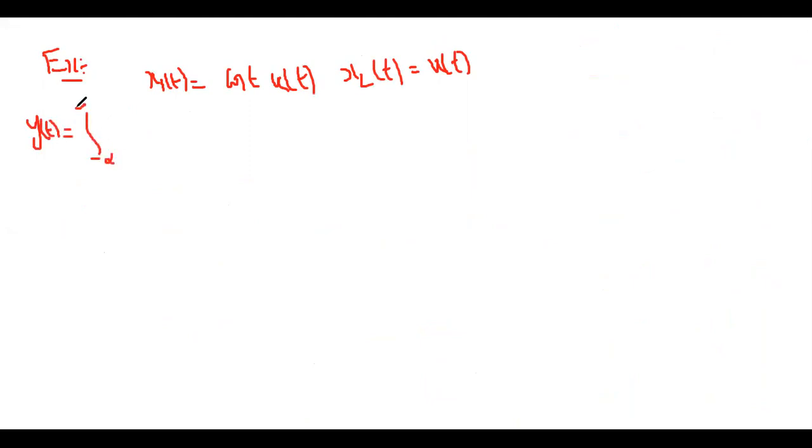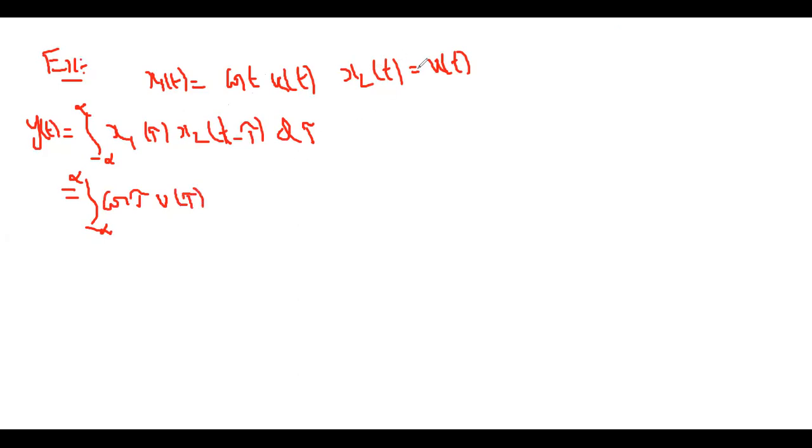Integral from minus infinity to infinity of x1 of tau, x2 of t minus tau d tau. x1 of t is given as cos t mu of t; change it to tau values, cos tau mu of tau, and x2 of t is mu of t, so mu of t minus tau d tau.